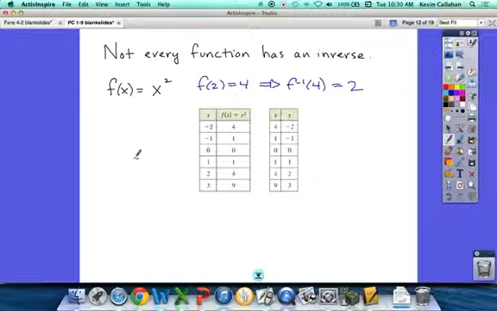I mean, look at right here. We've got 2 points that have x equals 4 for a coordinate. And in one of them, y equals -2. In the other one, it equals +2. But it doesn't necessarily equal +2. It's actually going to be plus or minus. So f of x equals x squared does not have an inverse. Not unless you restrict its domain.